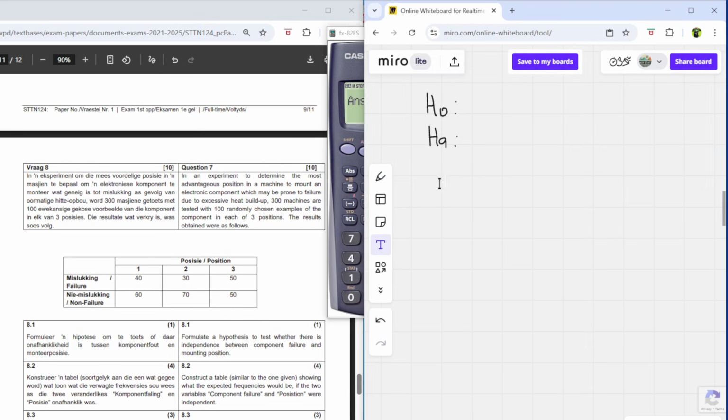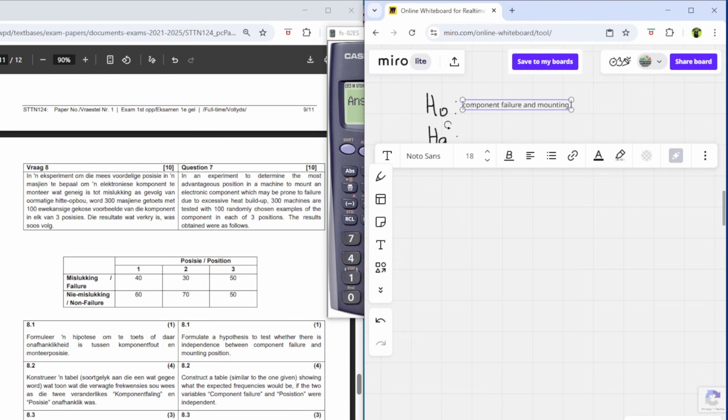The null hypothesis will say that component failure and mounting position are independent.